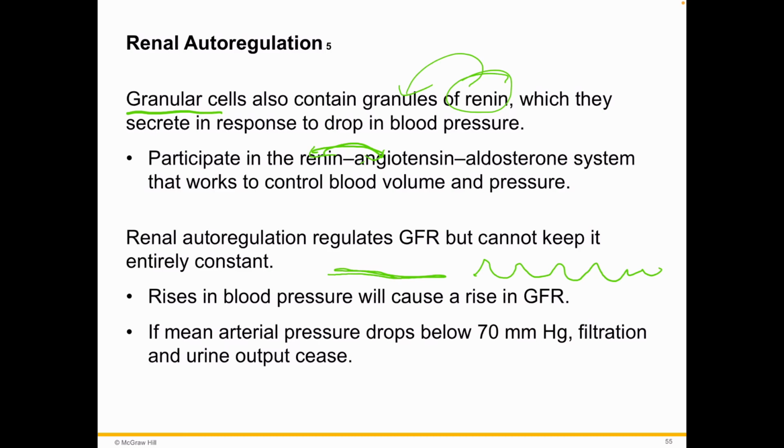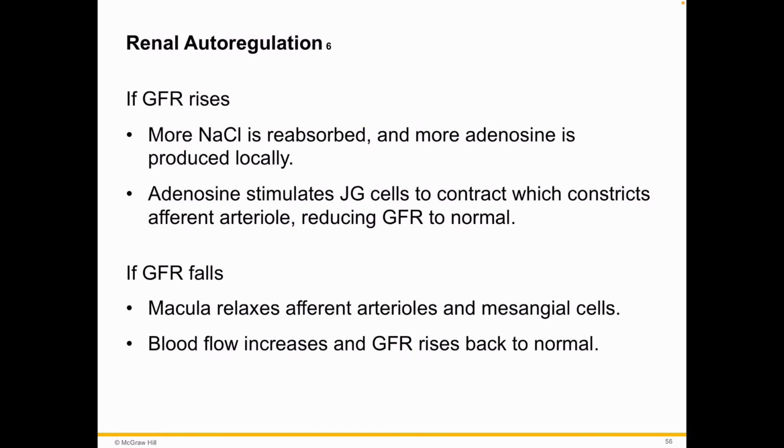So if the arterial pressure drops significantly, say below 70 millimeters of mercury, the body wants to avoid hypovolemic shock, and so it's going to stop urine filtration or urine output altogether. However, if the glomerular filtration rate rises, more salt is going to be reabsorbed and more adenosine is going to be pushed out.